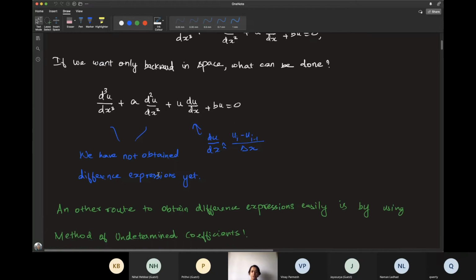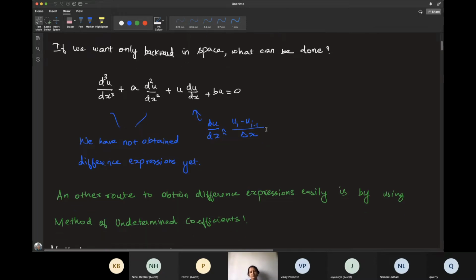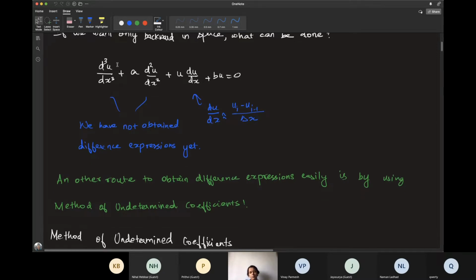So now to construct some difference operator for each of these terms, we'll go through a different route, because obtaining this thing was quite simple. Obtaining some difference expression for a first order differential operator was quite simple. I mean, you'll again employ this Taylor series expansion, but in a quite different way.